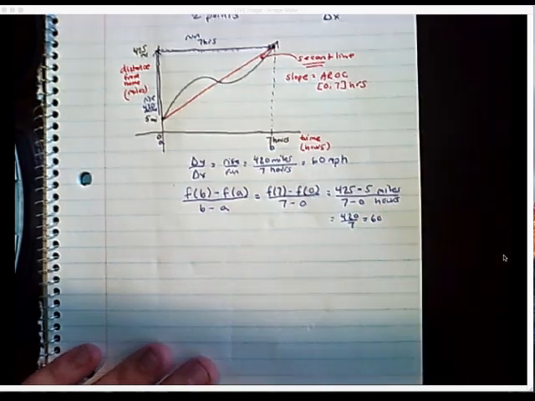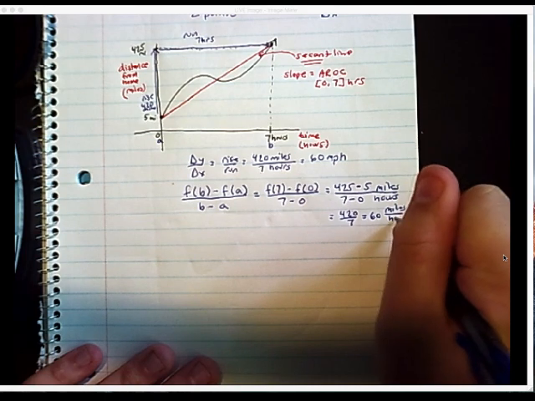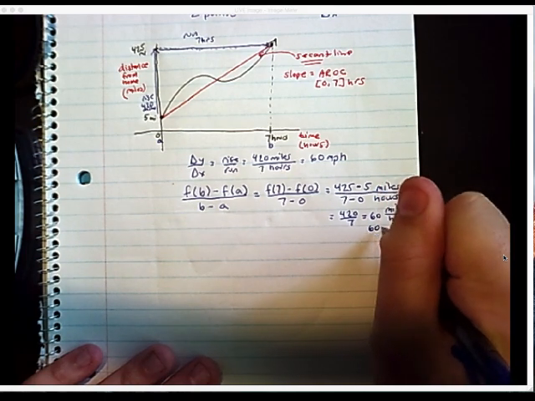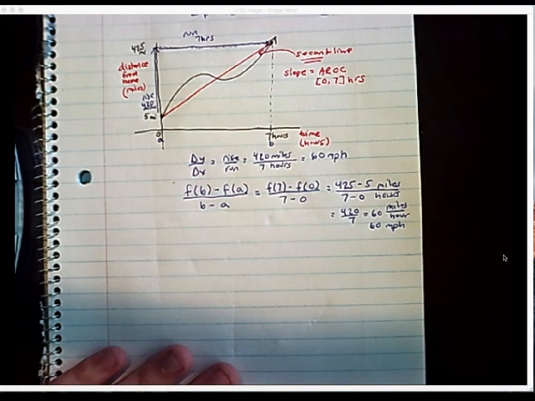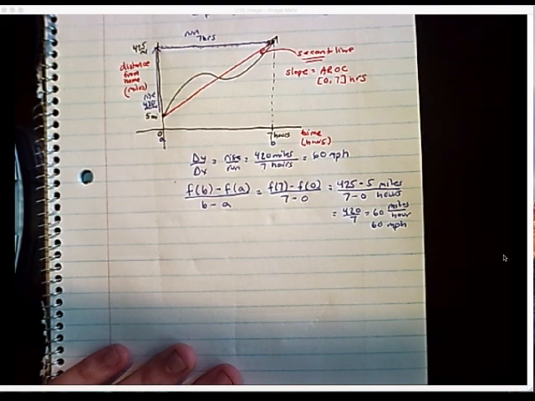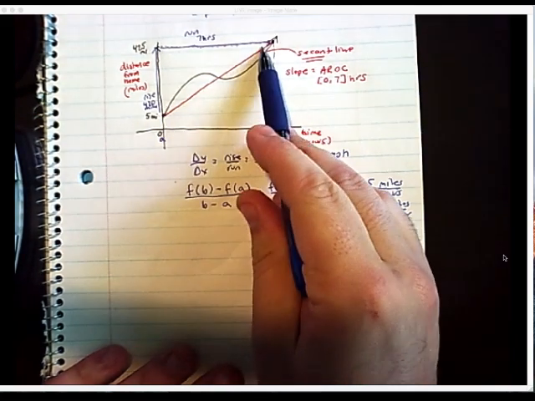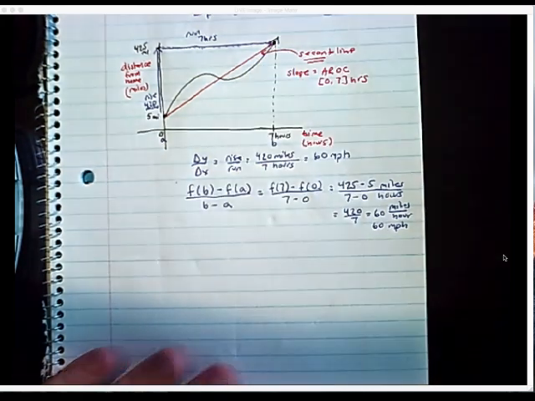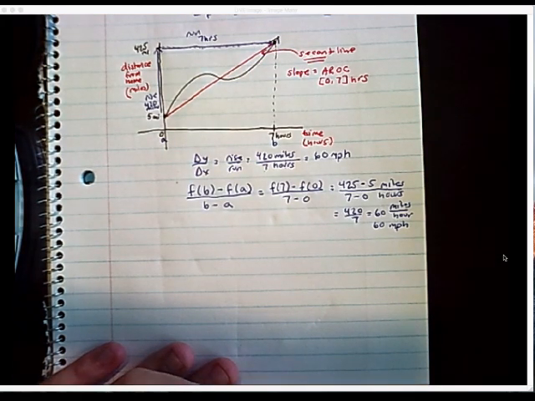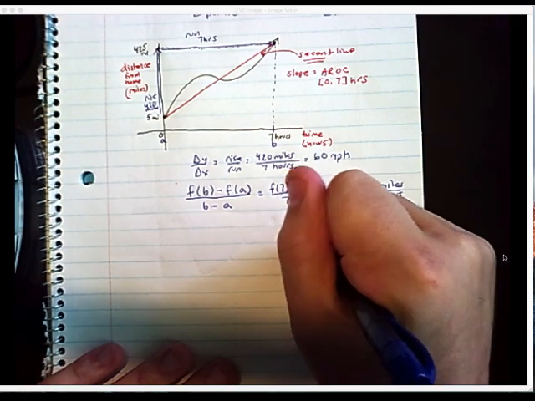And those would be the units, miles per hour, or abbreviated MPH. And that's your average rate of change. Okay, the secant line connects those 2 points, and all you're doing is finding the slope of that secant line. That is the average rate of change. Okay, so what we did here, we just found the average rate of change between 0 and 7.